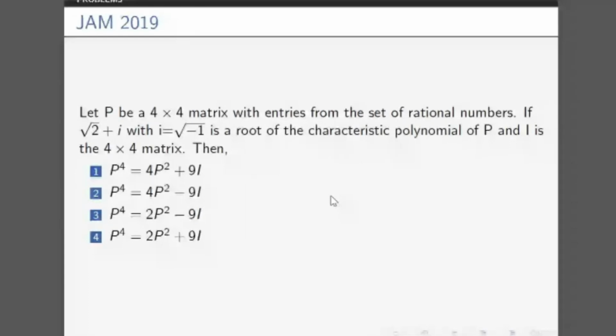I didn't get you. Okay, you are saying assume a as i and b as 1, then i minus root 2 is also a root, right? Yes. But in that part, if a plus b root 2 is a root, then a minus b root 2 is also a root when a and b are real, I guess, right?